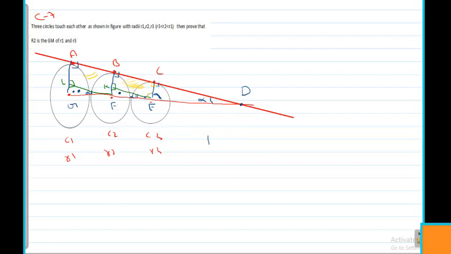Which two? I want to draw them separately here. Students, I want to draw two right triangles. This is one right triangle, and here another right triangle.